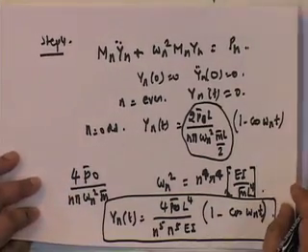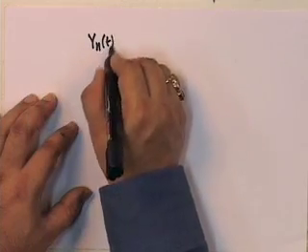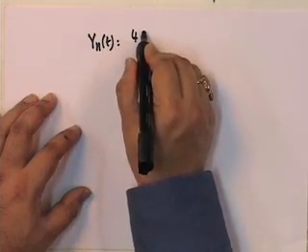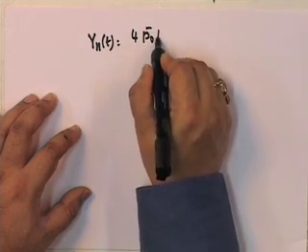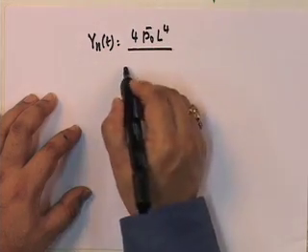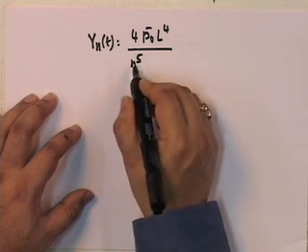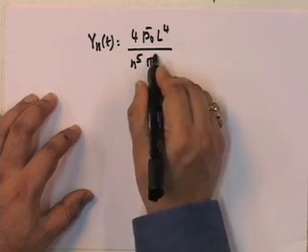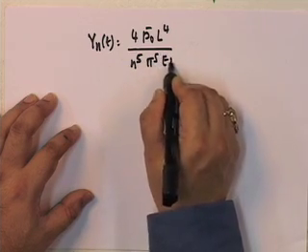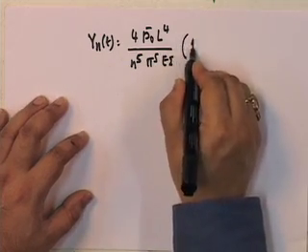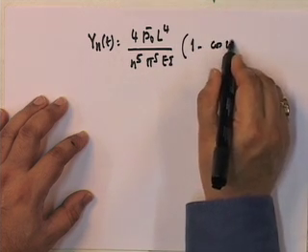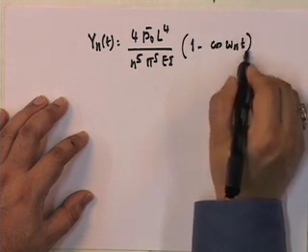So, if I were to look at y n, what does my y 1 look like? Let us look at y 1. See, I am going to rewrite this, y n of t is equal to 4 p naught L fourth upon n to the power of 5, pi to the power of 5, E I, 1 upon this, into 1 minus cosine omega n t.